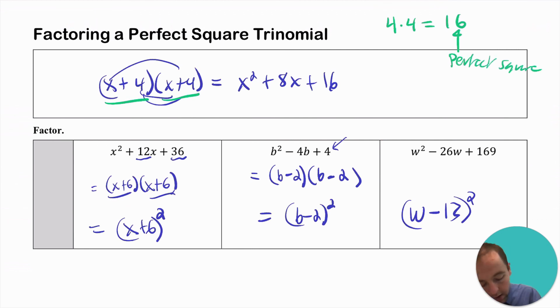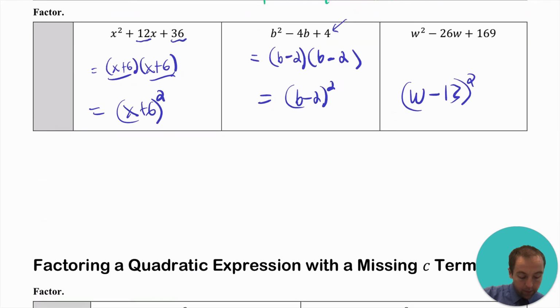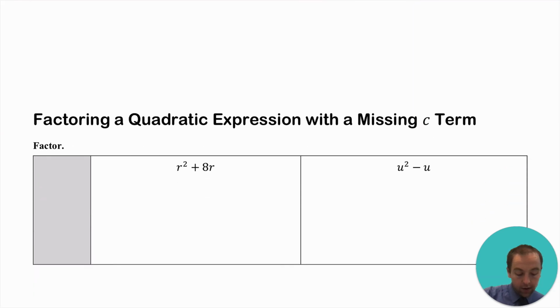So if right here we're taking the same thing times the same thing, then this is just an algebraic version of what we would call a perfect square, because it's the result of taking the same thing times the same thing. Now, because that has 3 terms, it's also a trinomial, so that is a perfect square trinomial that you're seeing there. We'll get more into talking about perfect square trinomials in depth as we continue with algebra later on.